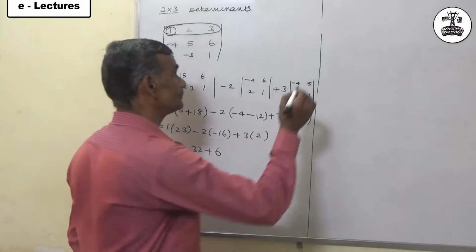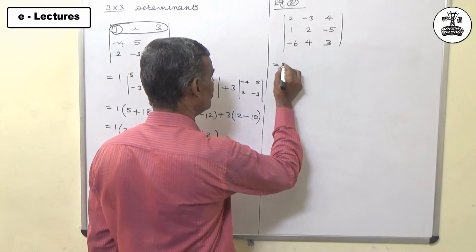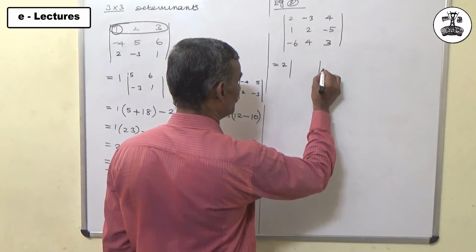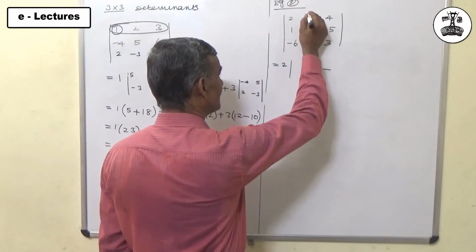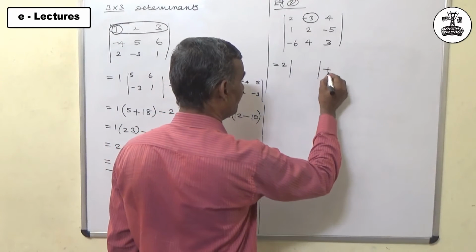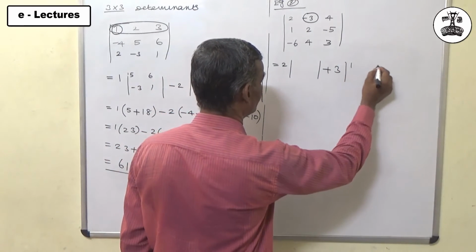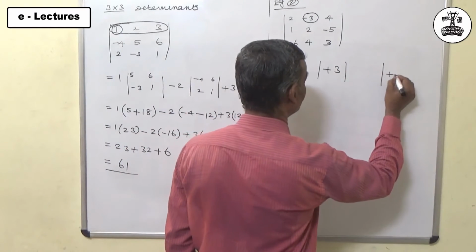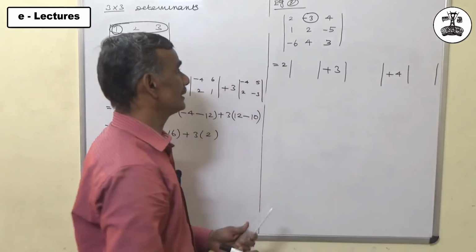Example number 2. The value of the determinant equals 2 into a 2 cross 2 determinant, put a minus sign. Here the number is minus 3, so automatically plus 3, then plus 4 into a 2 cross 2 determinant.